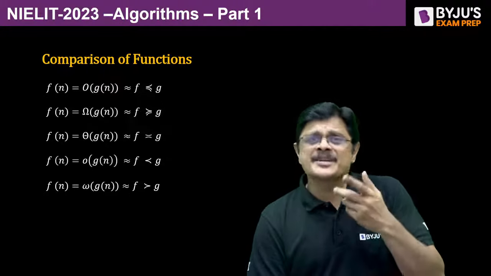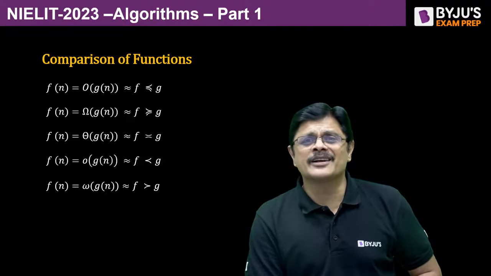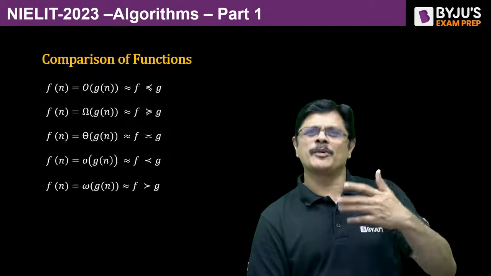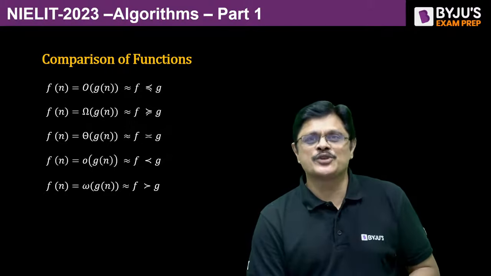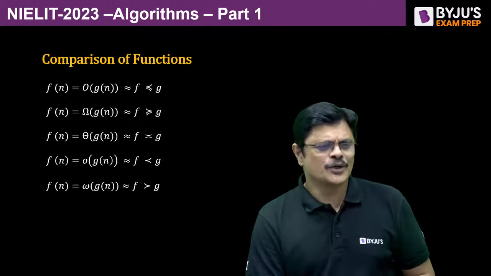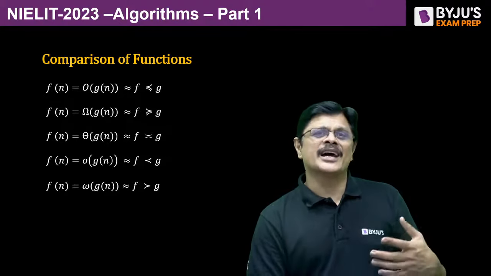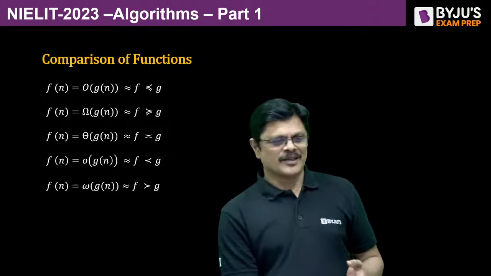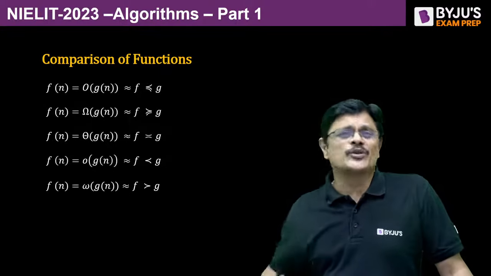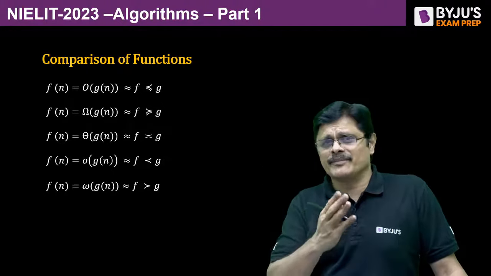So we try to estimate time complexity, but we are not interested in estimating it for small inputs, my dear friends. For example, the most popular problem which we discuss is sorting algorithms. Suppose if I give 10-20 numbers, you don't need any algorithm for sorting those numbers, right? Of course, to understand the algorithm we take 10-20 numbers only. But the main purpose of the algorithms is not to sort those 10-20 numbers. We want to sort a large or big collection of numbers.